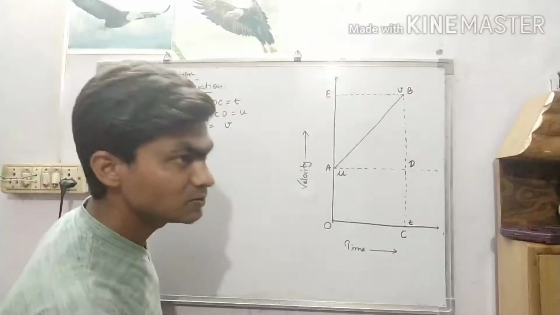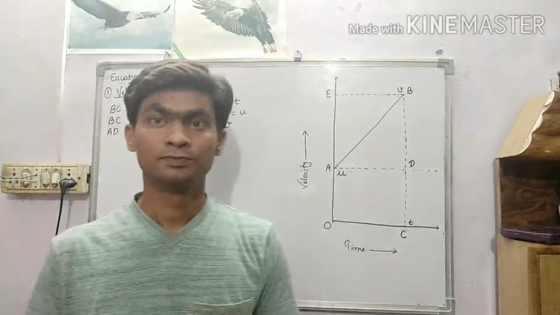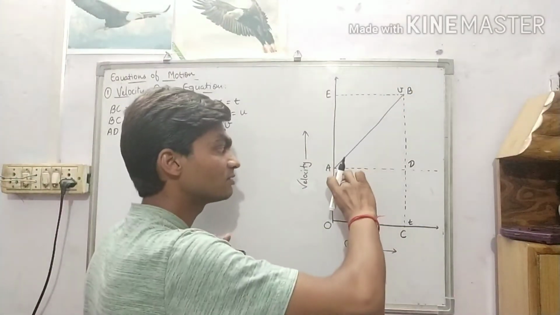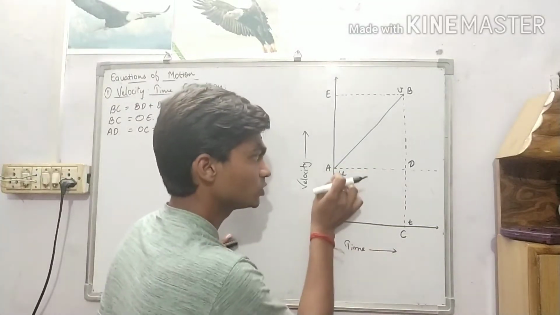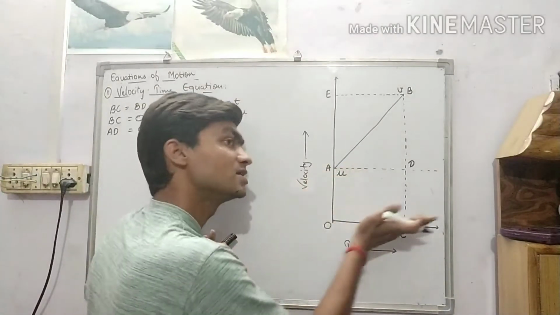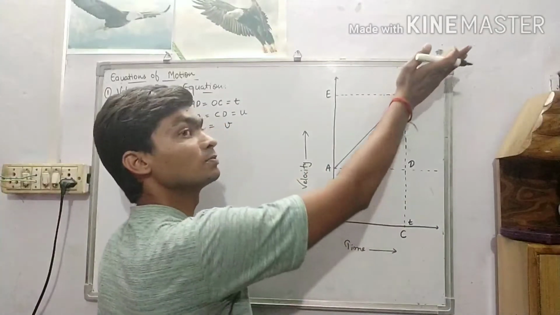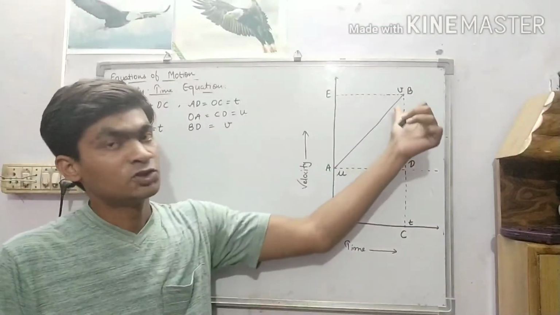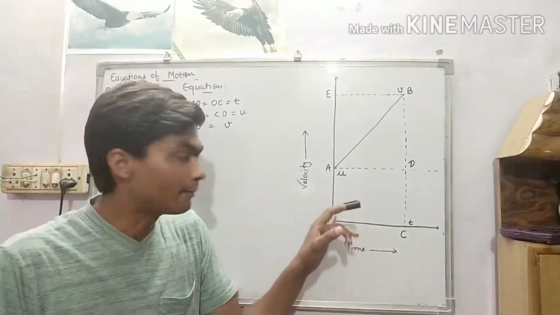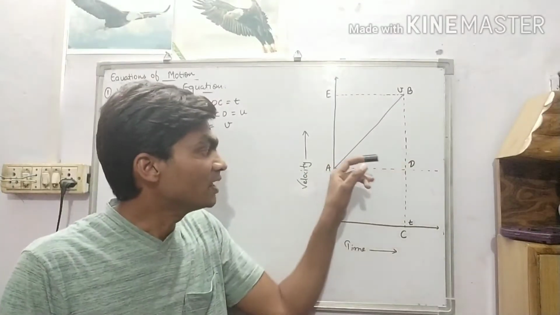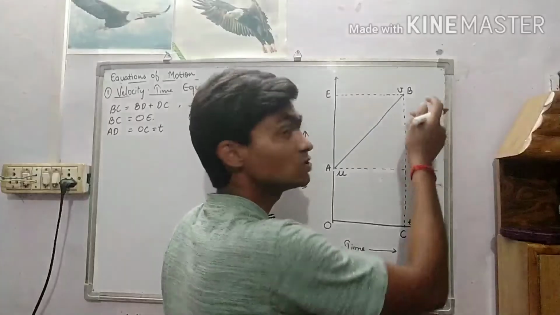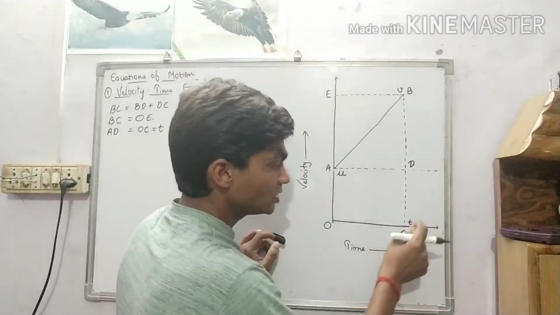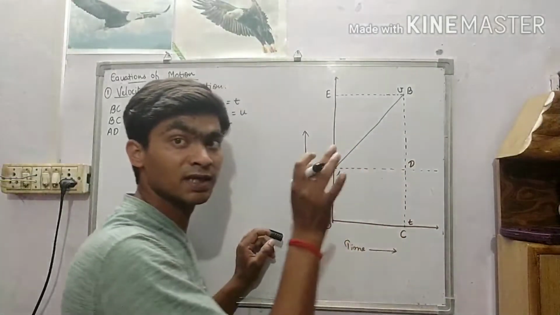As you know, the acceleration is happening from A to B. Up to here there was no change in velocity, so the velocity was u till here. But as the time increases, the velocity also increases. So the change in velocity will happen from D to B, because up to here the velocity is constant, correct?